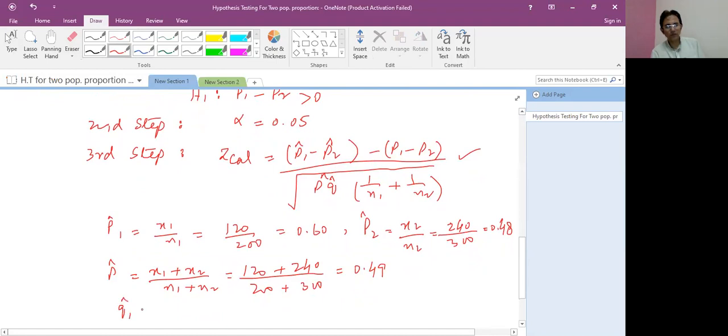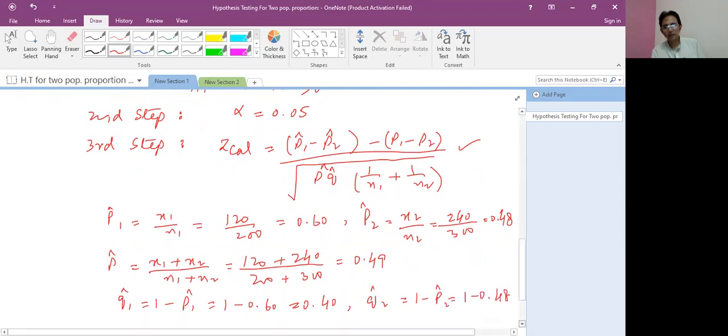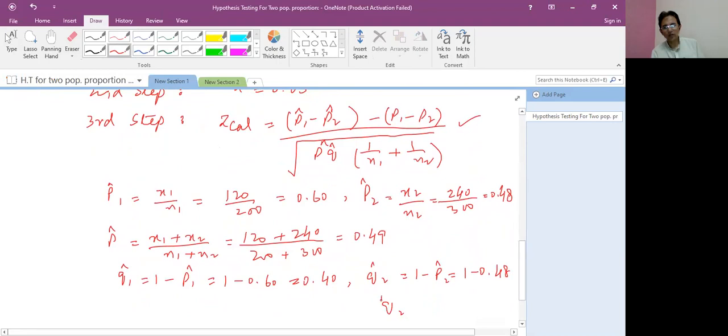What is Q1 cap? Q1 cap is 1 minus P1 cap, which is 1 minus 0.60, so it is 0.40. What is Q2 cap? It is 1 minus P2 cap, 1 minus 0.48, which is 0.52. One is success, the other failure.